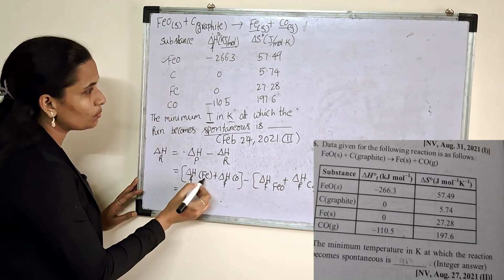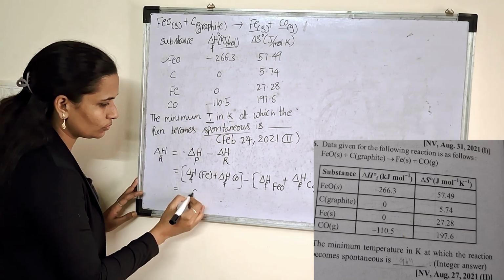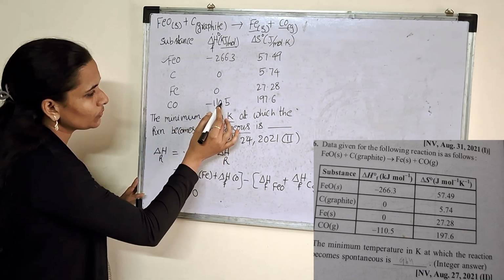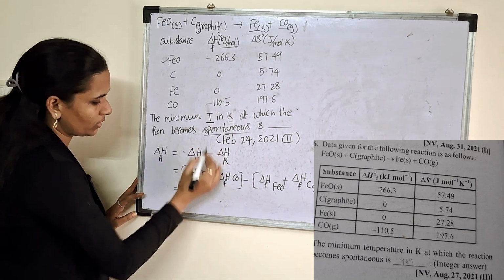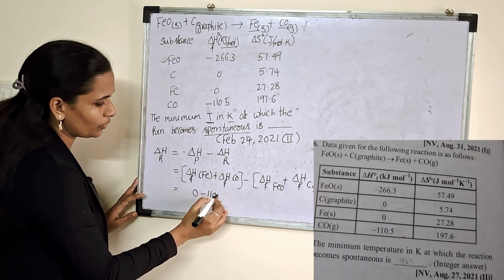Delta H formation of Fe is given as 0, plus delta H formation of CO, which is minus 110.5.